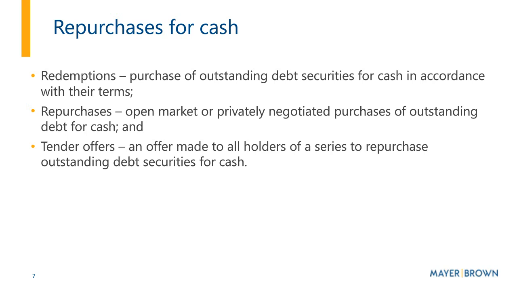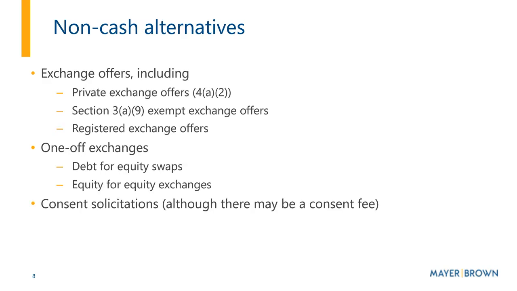Of course, cash may be a very valuable commodity, and a company might not want to use its cash in this way, and so it might consider alternatives that we're going to discuss today where there's non-cash consideration. So exchange offers and consent solicitations where, although there might be a consent fee, it's usually a relatively modest fee.